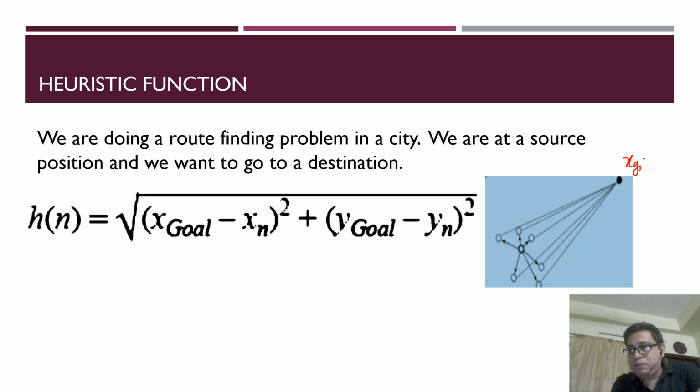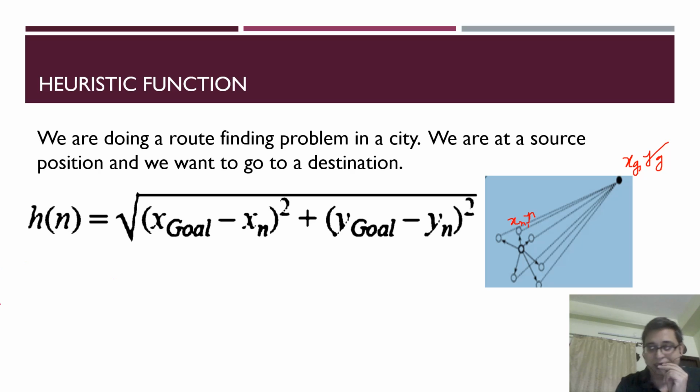Any point, if I call it point n, I will represent as x n and y n. From high school, if I draw a straight line and find its length, I compute (x goal minus x n) squared plus (y goal minus y n) squared and take the square root of that. Is it clear to you?